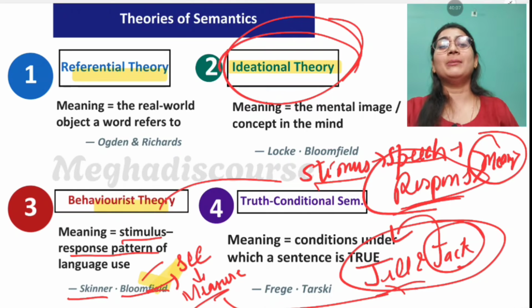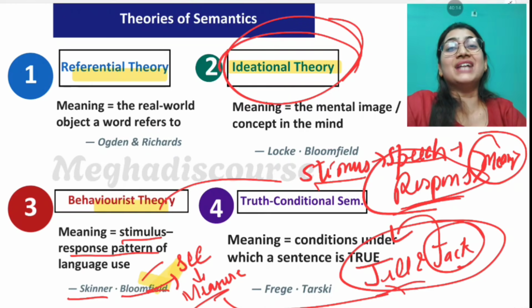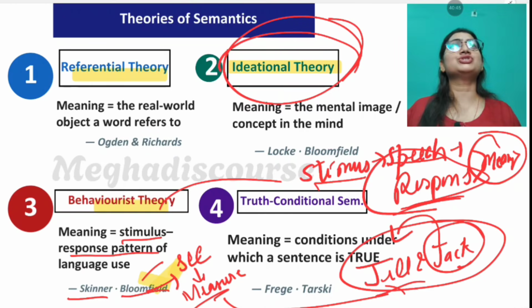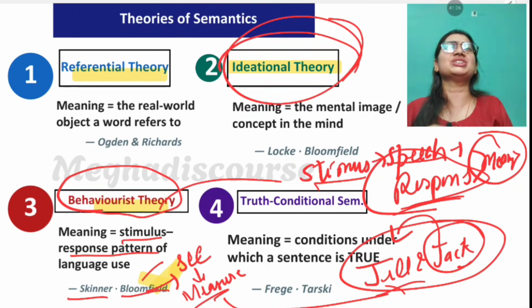Okay, so think about this. If someone shouts fire, then what does it mean? People will panic. They just start running here and there. But now students, think about this one. If I'm saying life is a beautiful journey, in this line there is no stimulus, there is no response, it is just an abstract idea.